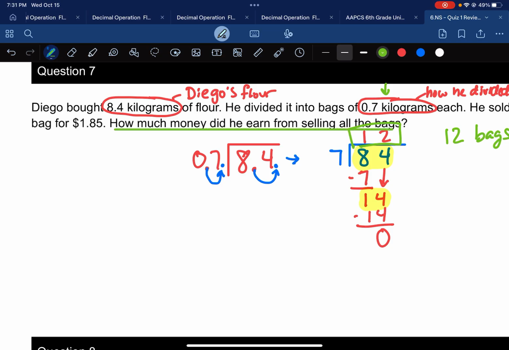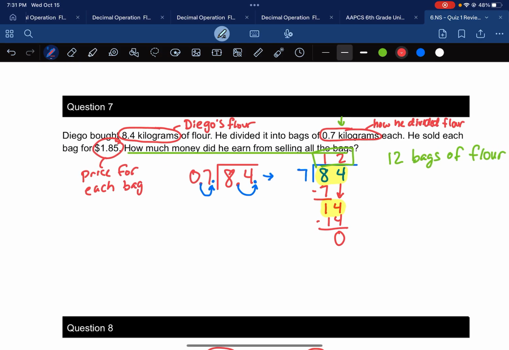Okay, well, we know that he is selling each of those bags for $1.85. Okay, so this is the price for each bag. And how many bags do we have? Well, remember, we have 12 bags of flour.